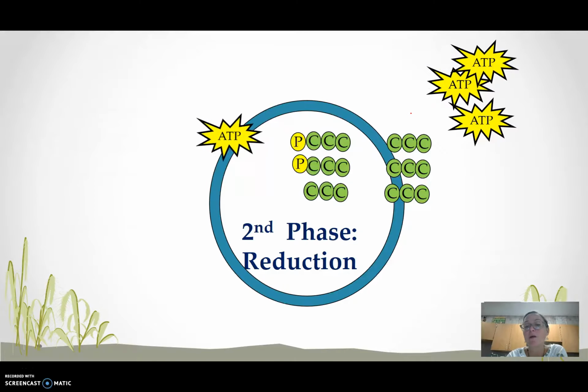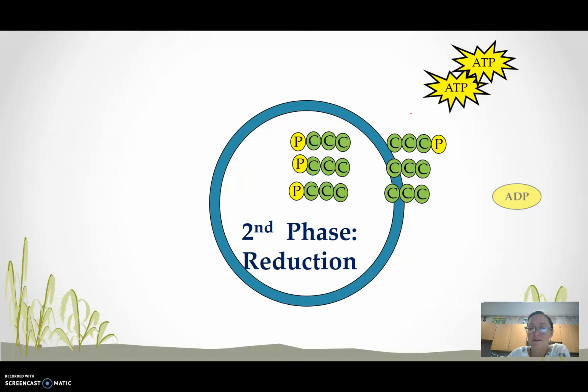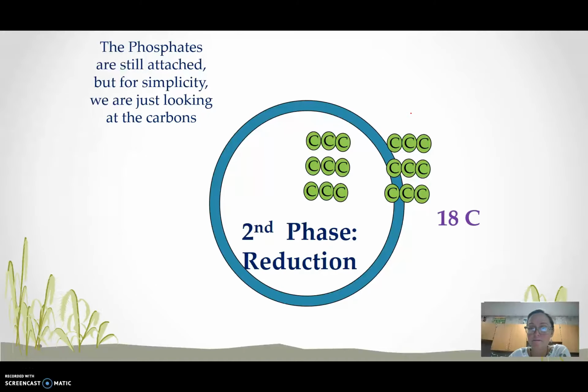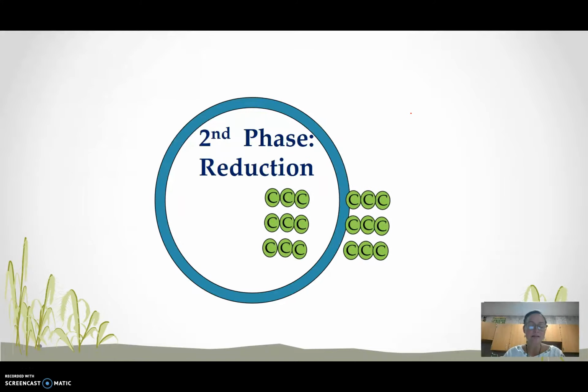And now these 3 carbon molecules are being phosphorylated. We're investing here. So this happens 6 times. Now for simplicity, we're just looking at the carbons, even though the phosphates are still attached here. Okay, so now we invested some ATP, and our next phase is the reduction phase.